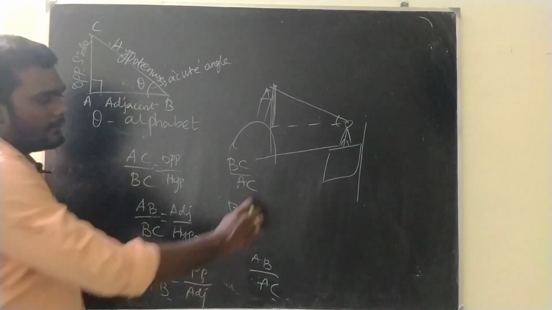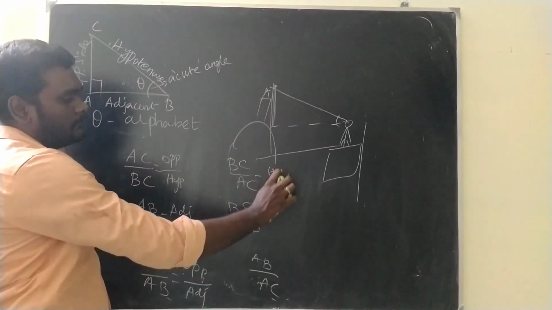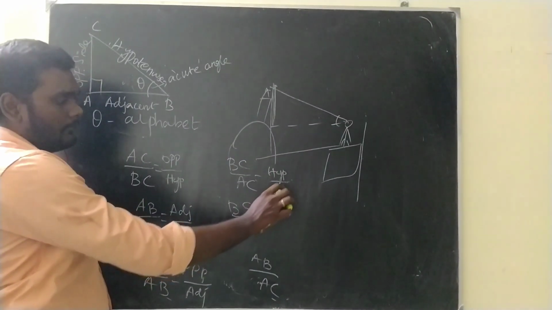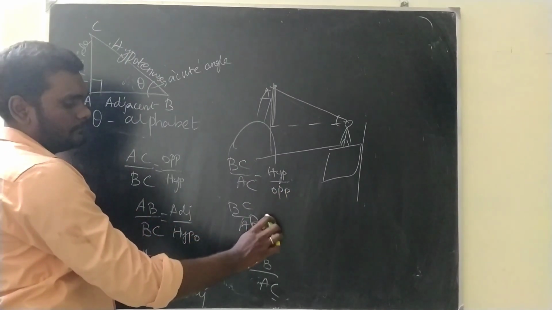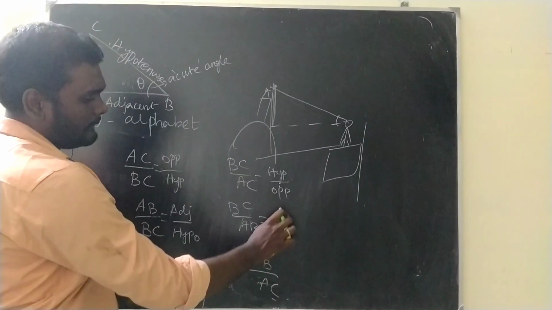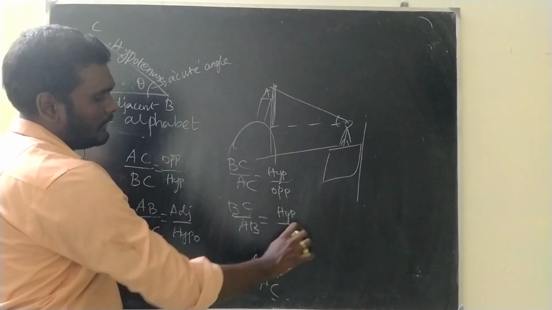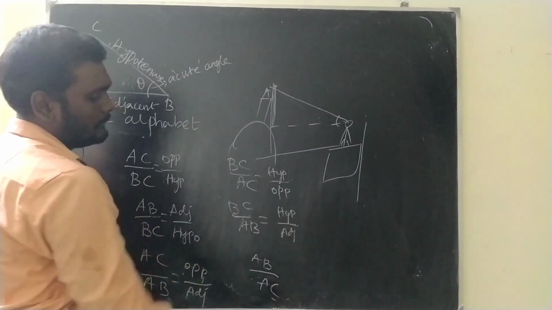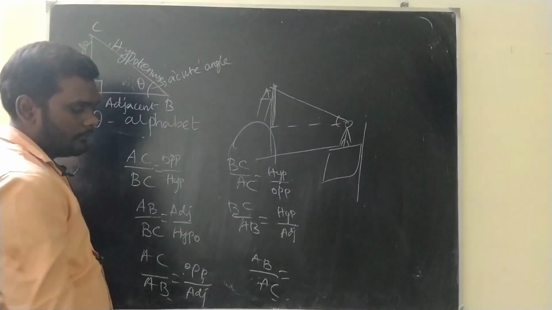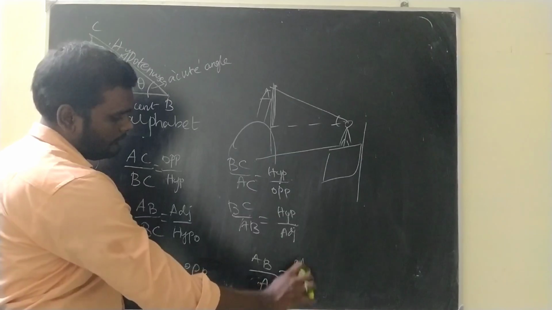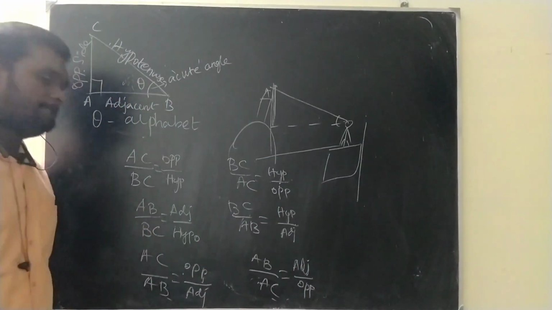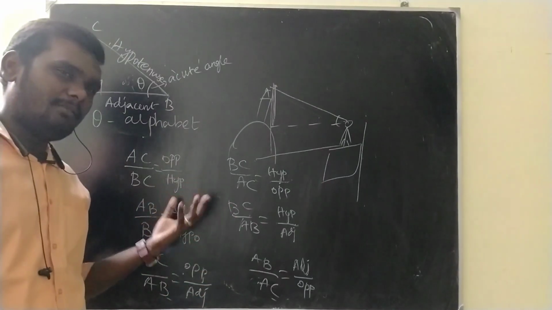And this one is hypotenuse by opposite side, this is hypotenuse by adjacent side, and this one adjacent by opposite side. But this also sounds confusing.